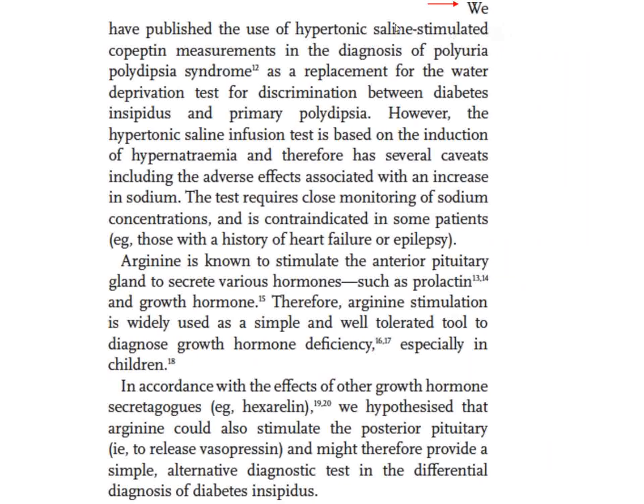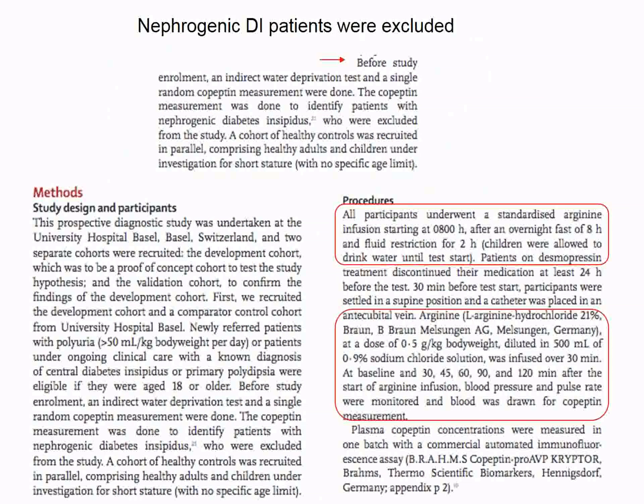The investigators indicated that they've already published a paper on the use of hypertonic saline-stimulated copeptin measurements in the diagnosis of polyuria-polydipsia syndrome to discriminate between diabetes insipidus and primary polydipsia. Hypertonic saline has some problems, and it might cause heart failure, and it might cause hyperosmolality and a bunch of other problems. But arginine, which stimulates the anterior pituitary to release prolactin and growth hormone, apparently also results in antidiuretic hormone release. So that's what's done here.